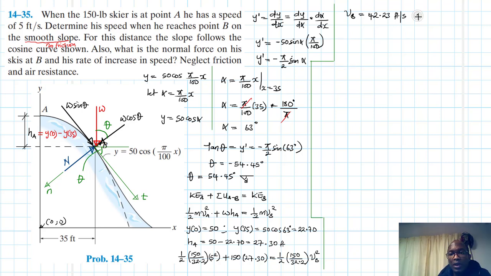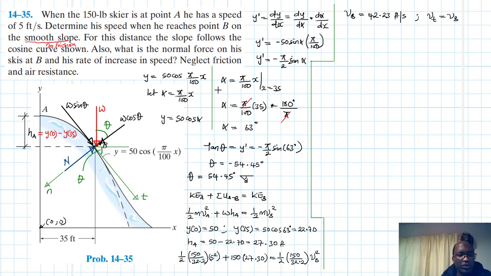Okay, so we know that our VT is just equal to VB. Alright, so once we found this, we can find the normal force and we can find the acceleration.